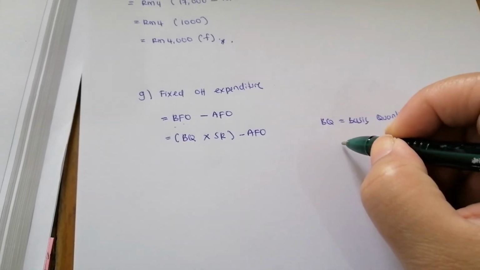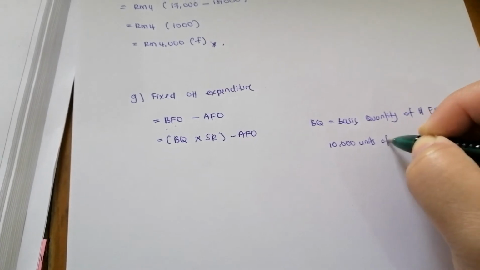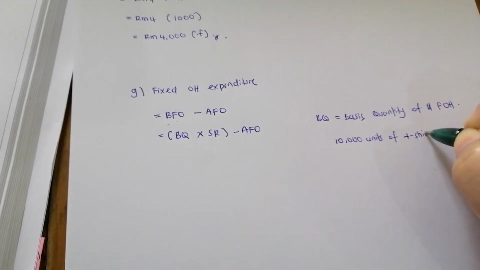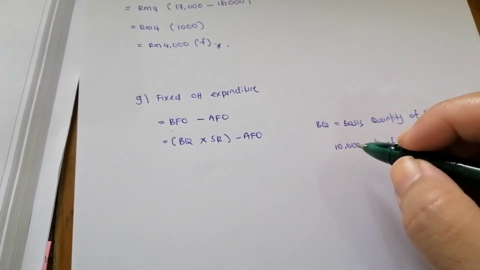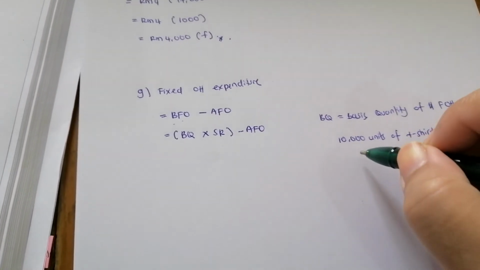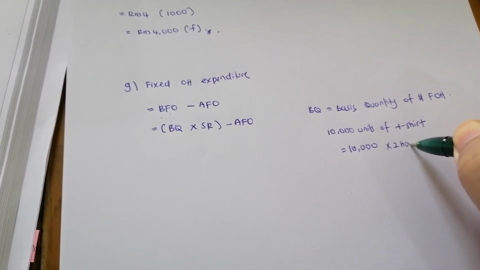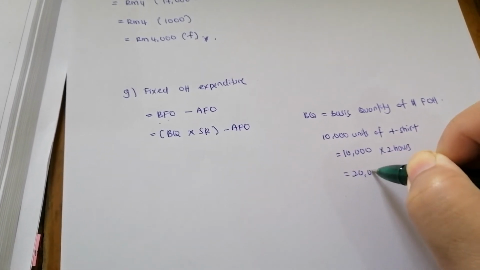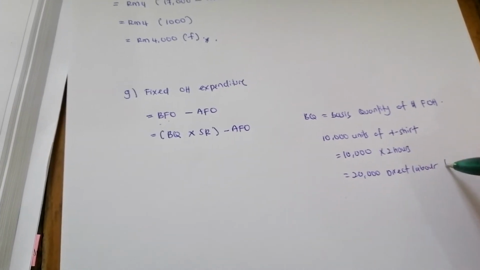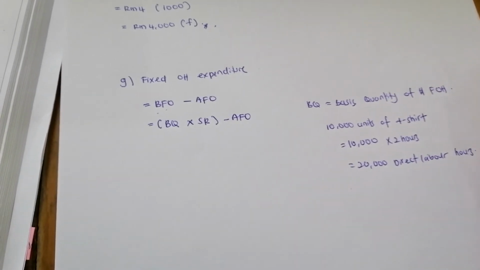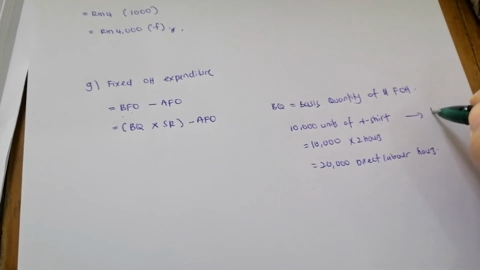So to produce 10,000 units of t-shirt, the company needs to incur 20 direct labor hours.